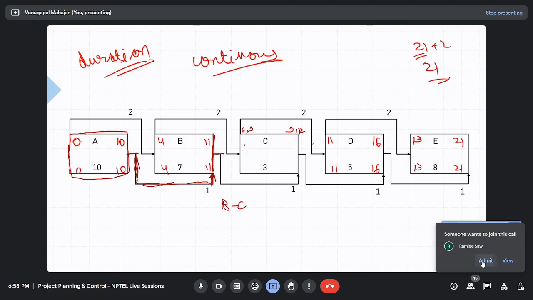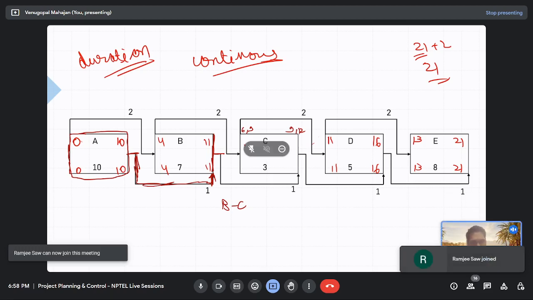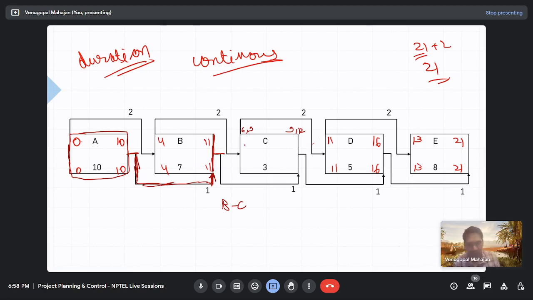Just by looking at the relationships between B and C, which relationship is critical, finish to finish or start to start? Finish to finish. So B to C finish to finish is critical. That means the finish of activity C is critical now. Now let's talk about activity D. Now I got it.